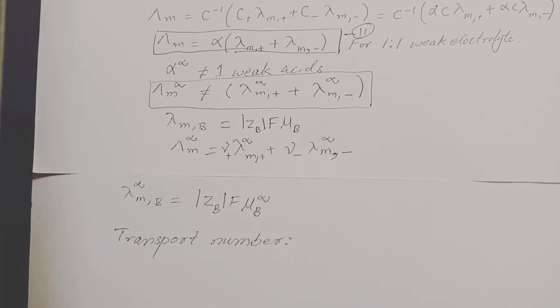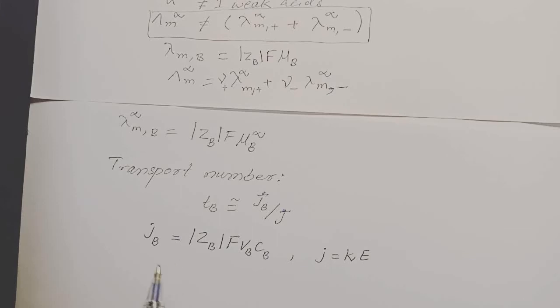Transport number of any ionic species, let's say B in an electrolyte solution, is defined as the fraction of the current it carries. For example, T_B, the transport number for the ionic species B, is equal to the current density produced by this species over the total current density. So we can call it a type of mole fraction.